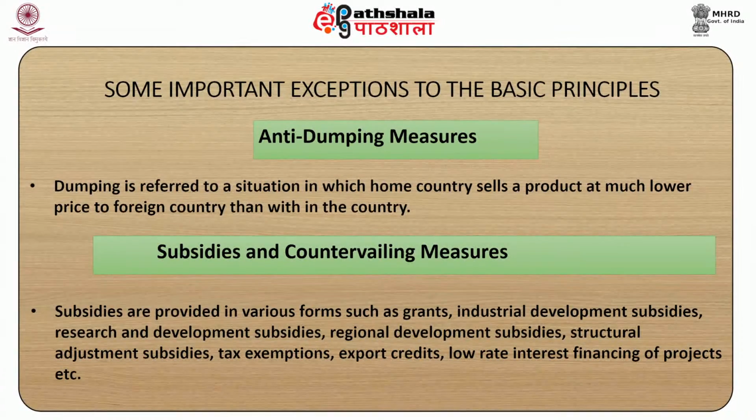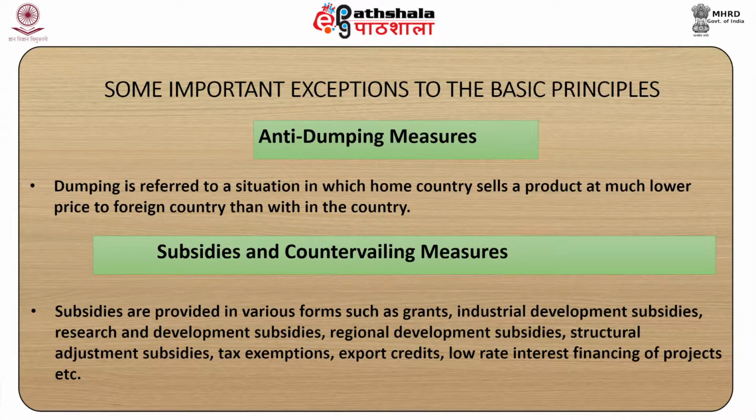Dumping refers to a situation in which a home country sells a product at a much lower price to a foreign country than within the country. But if the dumped imports result in loss to the domestic industries of importing countries, then the importing country may impose anti-dumping measures.